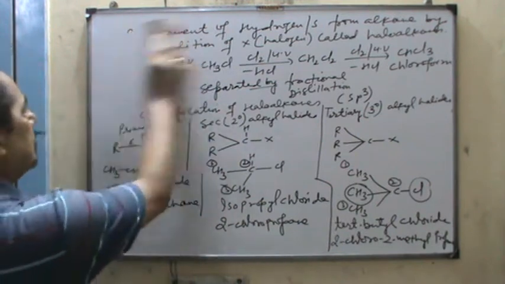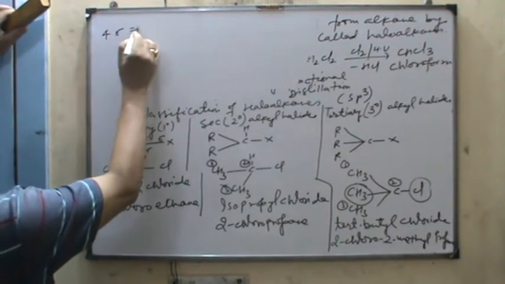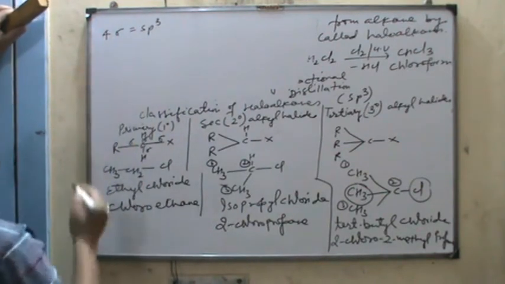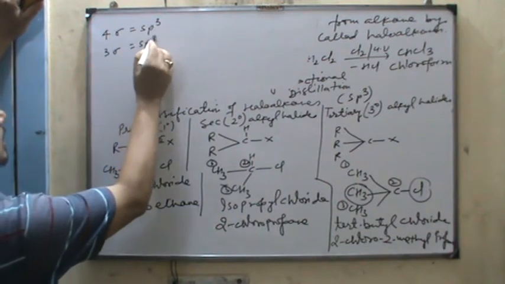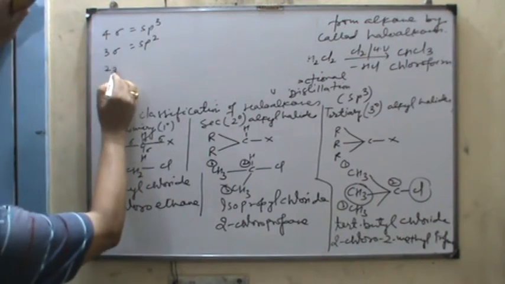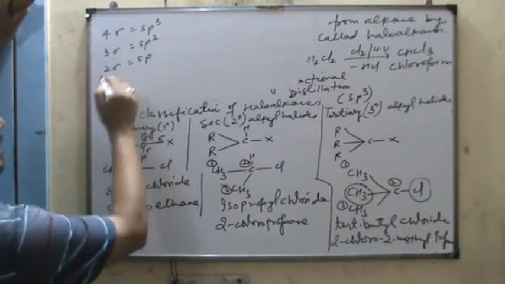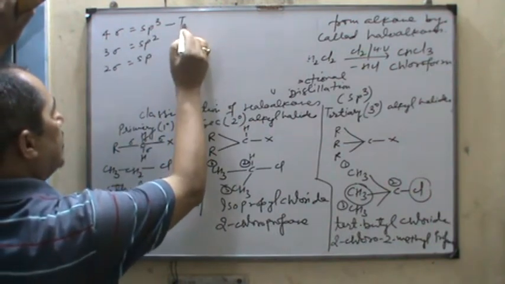So if you are getting 4 sigma around the carbon, then hybridization is sp3. If you are getting 3 sigma, you say carbon is sp2 hybridized, and if you are getting 2 sigma, carbon is sp hybridized.